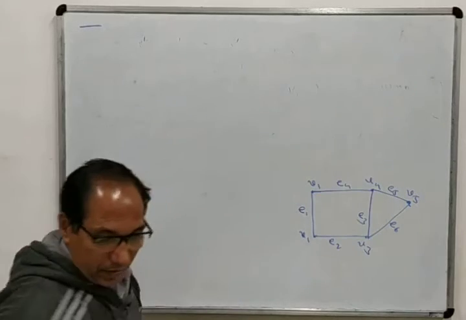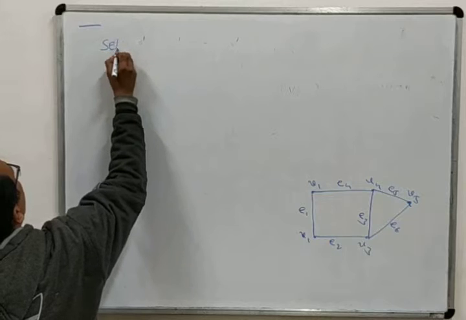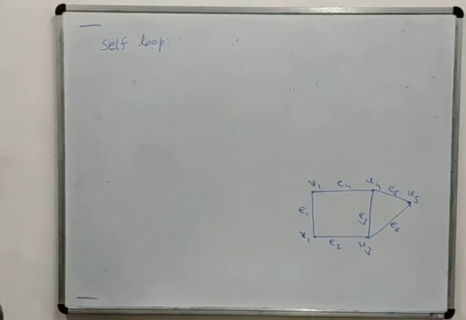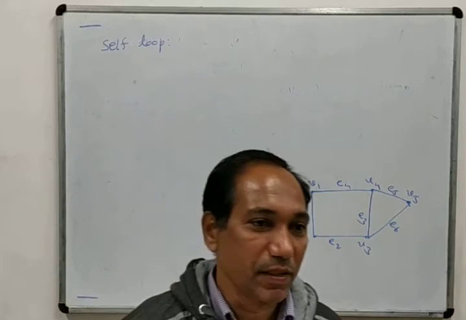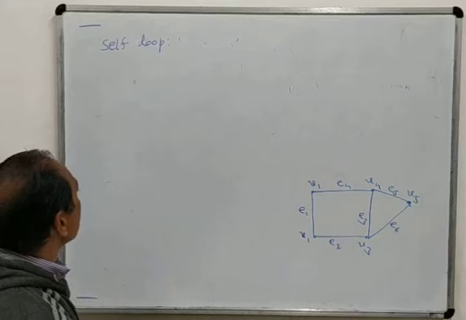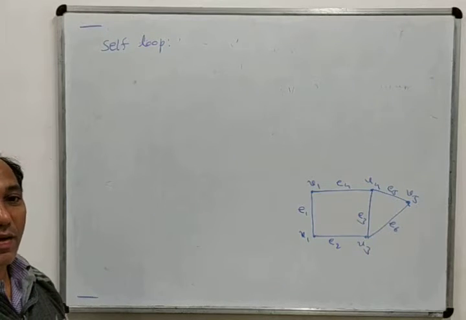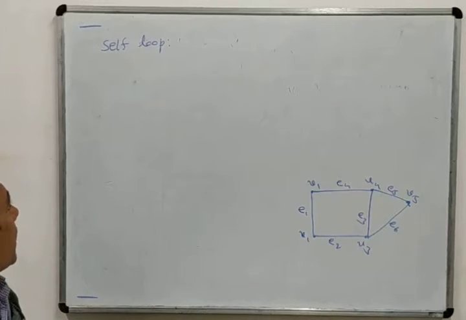Now let us see another definition, a self loop. And students, you must remember the definitions because the definitions are coming in the examination. So self loop. What is this self loop? That I will write down first, and then I will explain by means of the example of a graph.